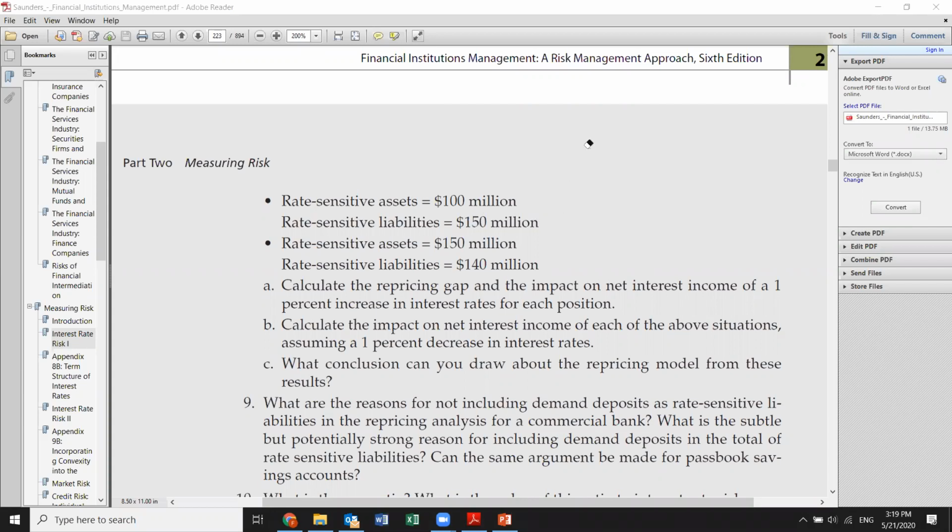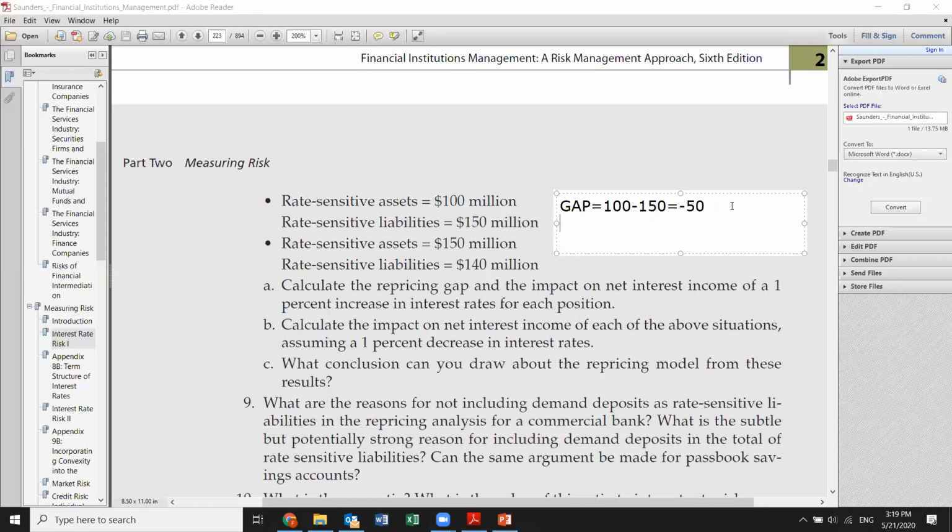Let me give you an example to make you understand better. Here we calculate the gap: 100 minus 150, which is minus 50.